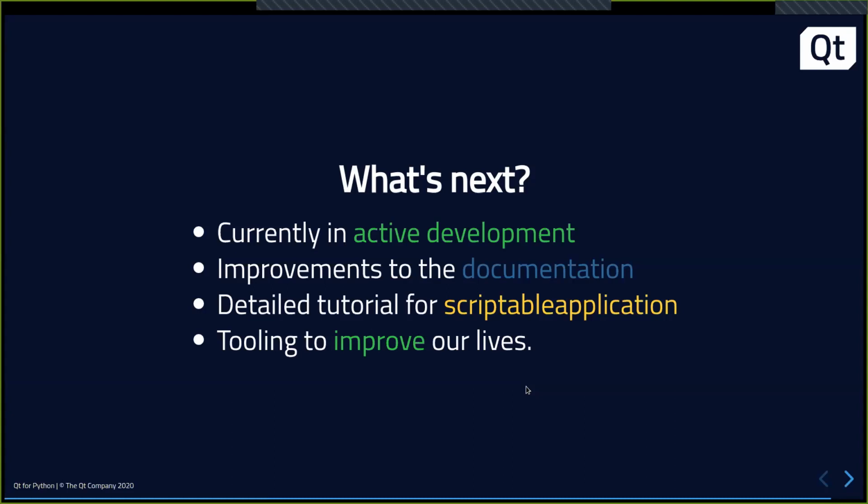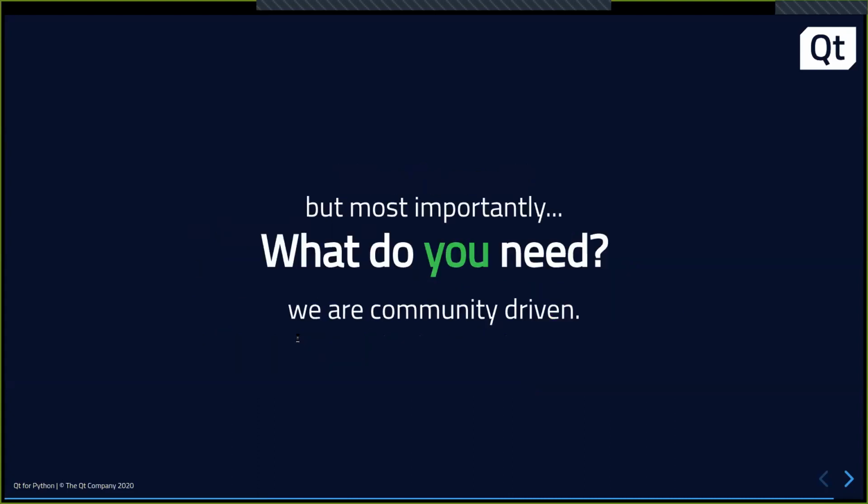And of course, something else that we need is the tooling around Shiboken, because at the moment, this XML file, the type system, you need to write it by hand, and the same thing with the headers and everything. So hopefully we can end up with some nice tooling around Shiboken that can make our lives easier. As I said before, we are really community driven, and most of the support that we have been incorporating into Shiboken comes from users out there who are asking questions in our IRC channel.